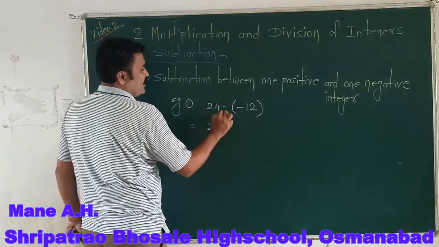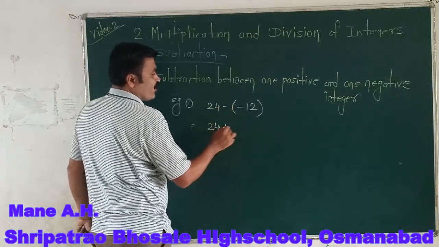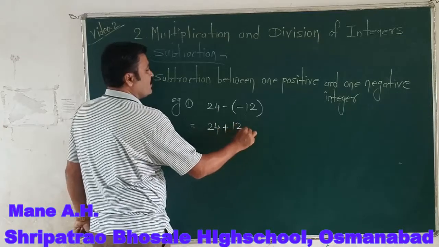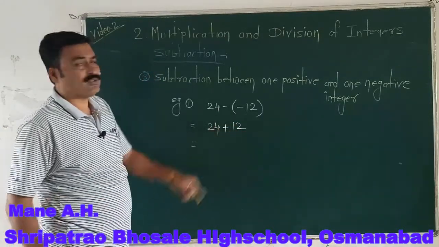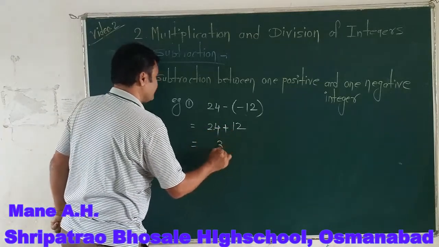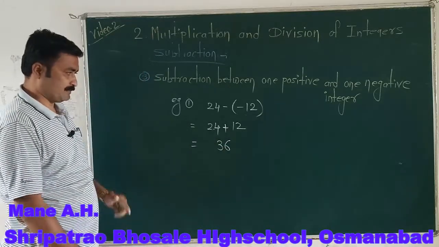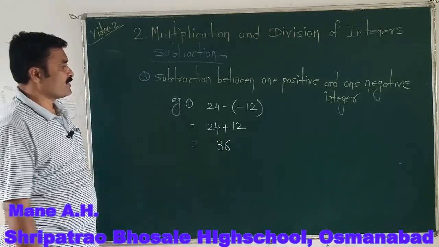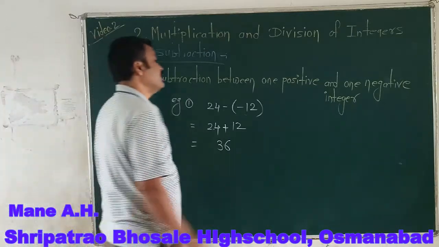This minus 12 is converted into plus 12, that is, minus minus becomes plus, and 12 is converted into a positive integer. So in this, both become positive integers. So 24 plus 12, regular addition, comes as 36. So the first example we got the answer as plus 36, that is a positive integer.